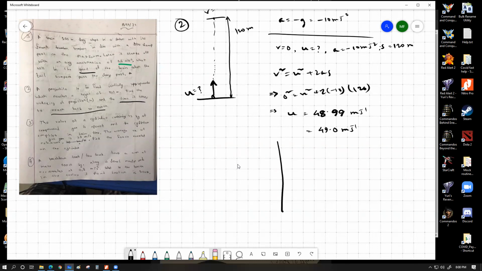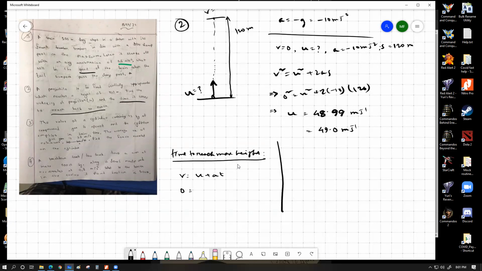If I'm only going to find the time to reach maximum height, this can be found very easily. You can use the formula v equals u plus at, because we just calculated u. So v equals u plus at. Here the final velocity is 0.